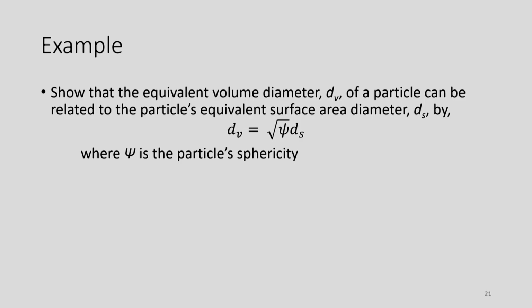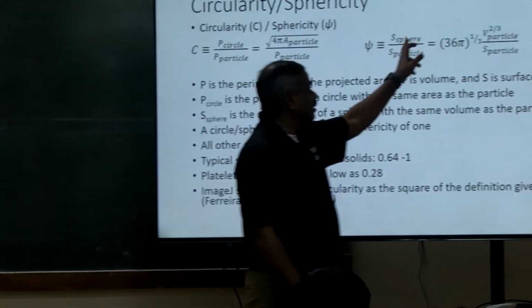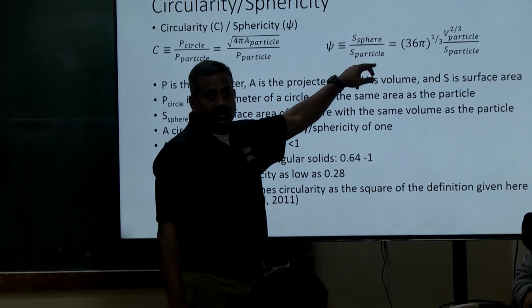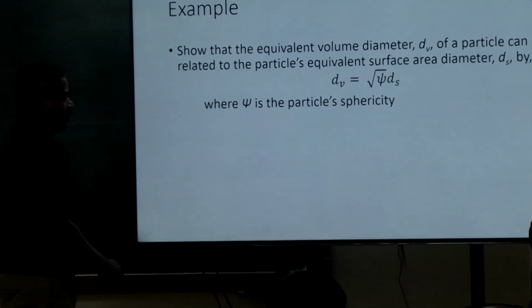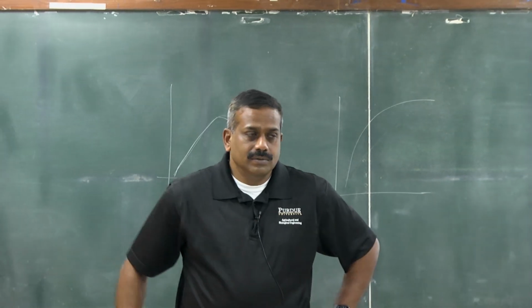Psi here is the sphericity, the ratio of the surface area of the sphere to the surface area of the particle. You can get that relationship. You know the surface area of the sphere and the surface area of the particle, and when you use those two, you get this relationship. It's again a simple and easy derivation.